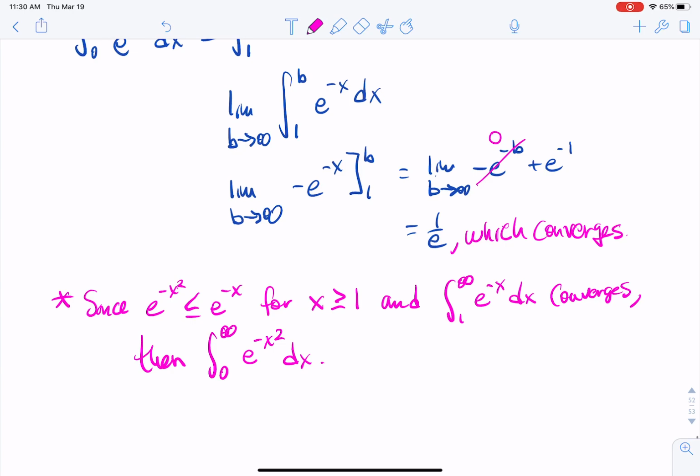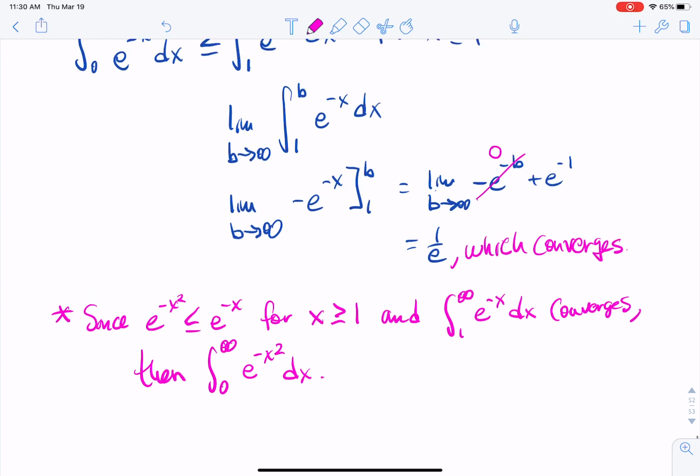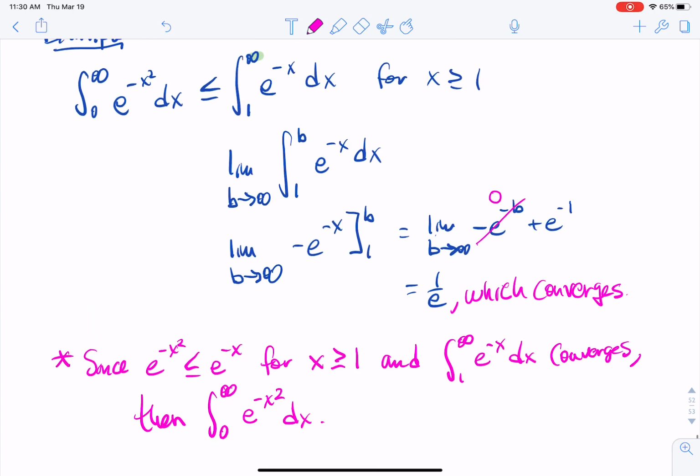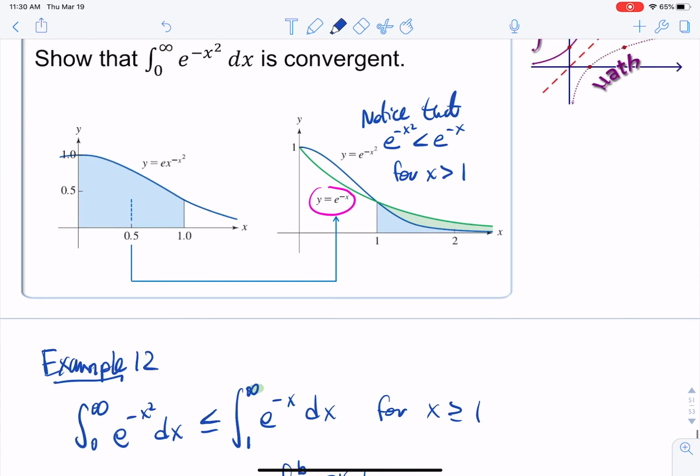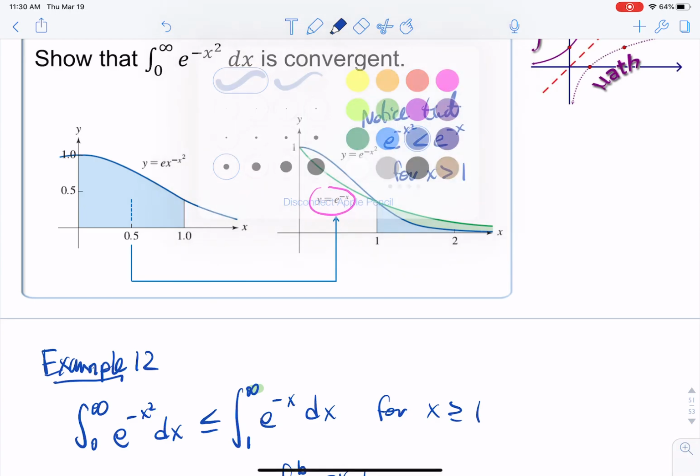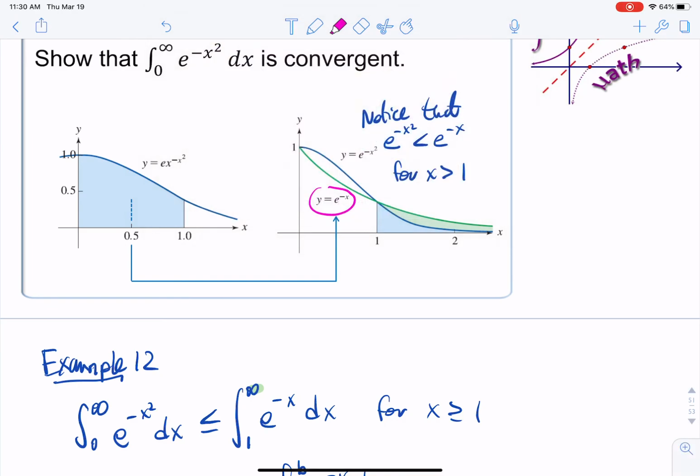So again, we're going to see these kind of comparison tests again in our series lesson. Now, if you're a little bit confused about the fact that this one had a 0 and this one had a 1, we'll just understand this. As far as some sort of series goes, I would have an additional piece that I would be adding to this. Let me change this color over here. This is the piece I'd be adding to it. And you can obviously see that this individual little piece is finite.